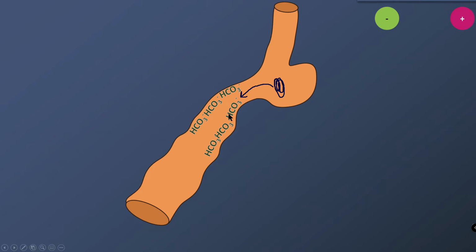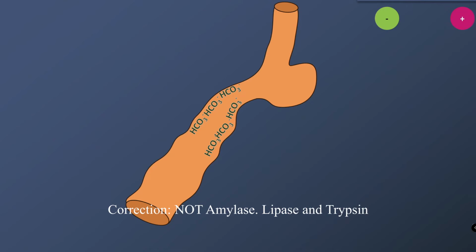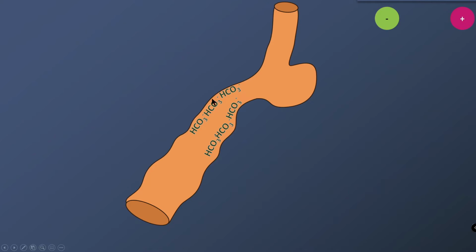Number one reason is that bicarbonate is there to protect. Secondly, the digestive enzymes, pancreatic enzymes like amylase, also work optimally at alkaline pH. You know this concept. So in order to maintain the intestinal luminal pH in an alkaline range, lots of bicarbonate is present in the intestinal lumen.